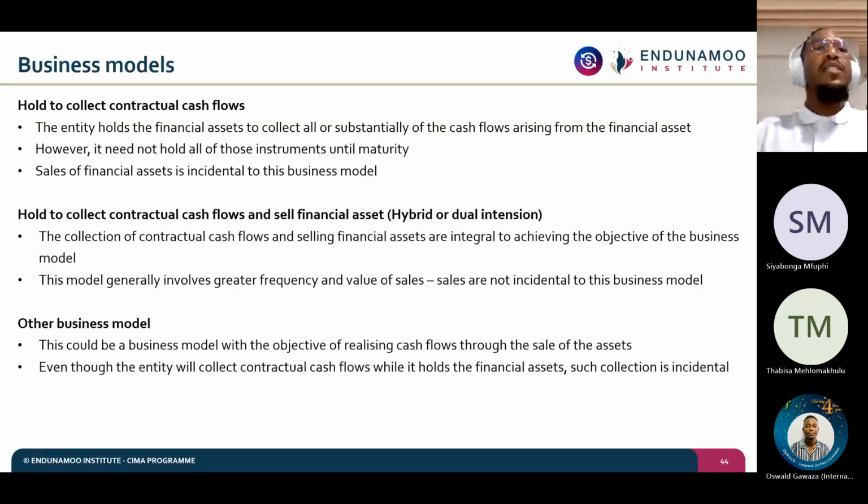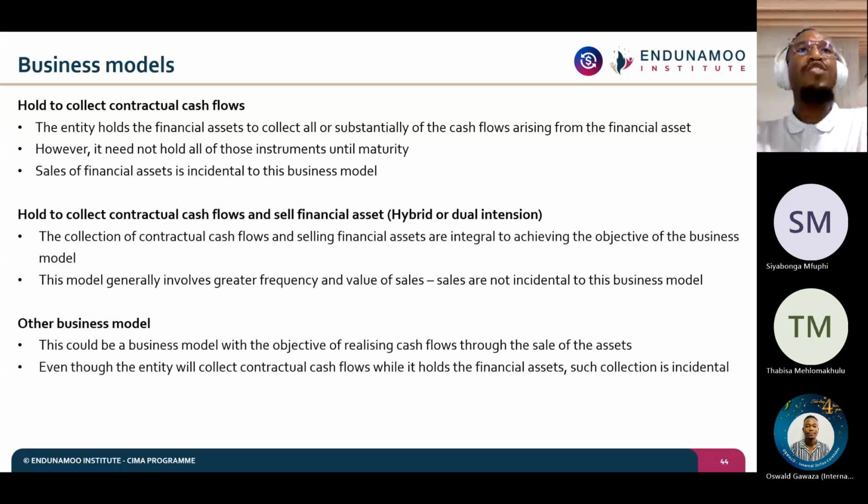So there are a number of business models, and we can break them down into three. The first business model is where you are holding financial assets to collect contractual cash flows. This is where the entity holds the financial assets to collect all or substantially all of the cash flows arising from the financial asset.